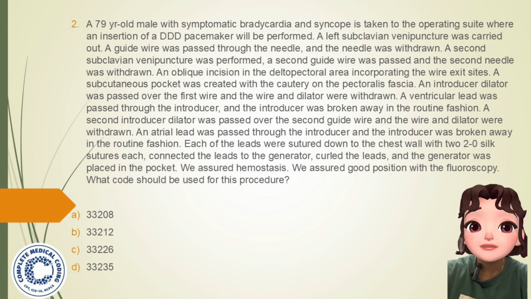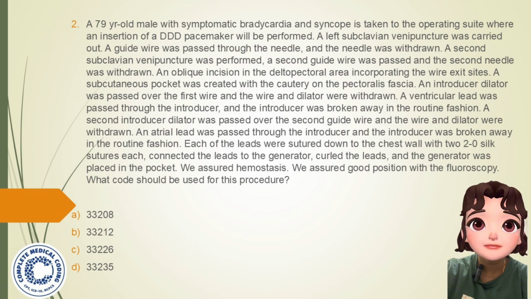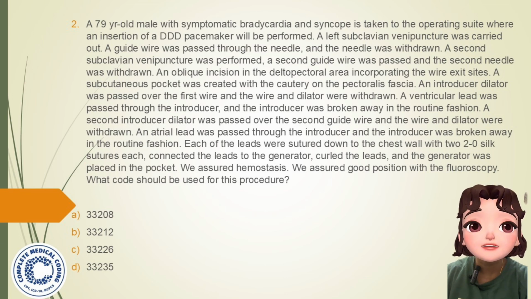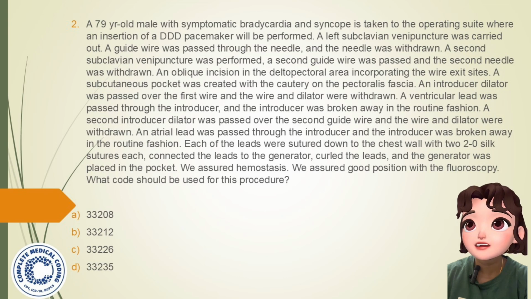Now 33226, option C. What does 33226 represent? Repositioning of previously implanted cardiac venous system lead. This is not replacement, insertion, right? It's clearly mentioned in the first sentence that it is insertion of pacemaker.